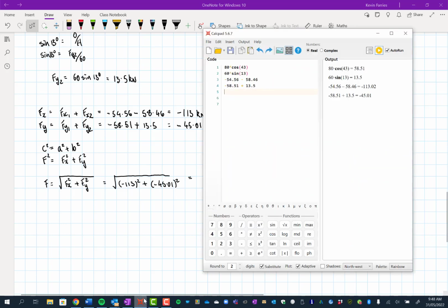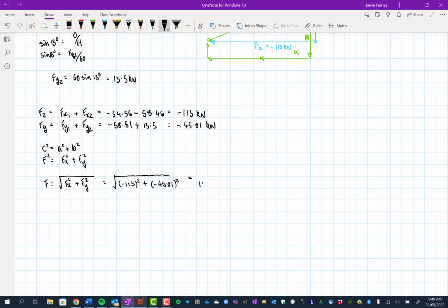Let's check that. So the square root of, as I say, you don't really need to write the negative. Square a negative, you get a positive. $121.63 is the magnitude.